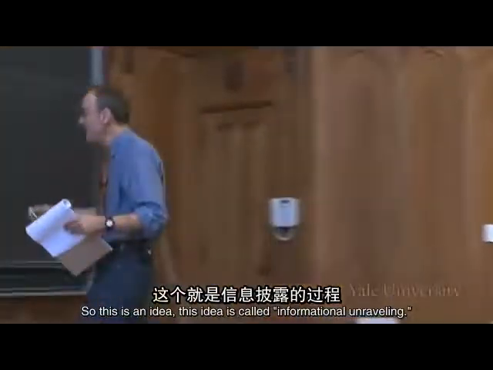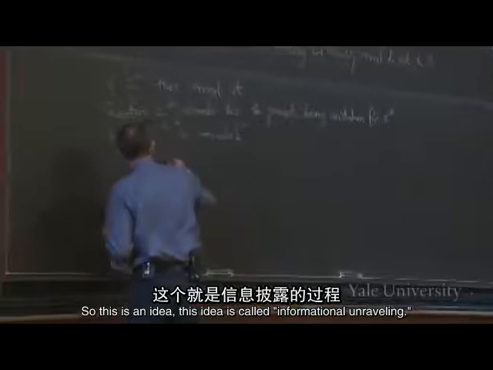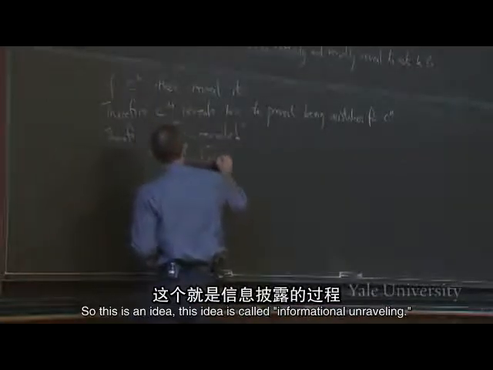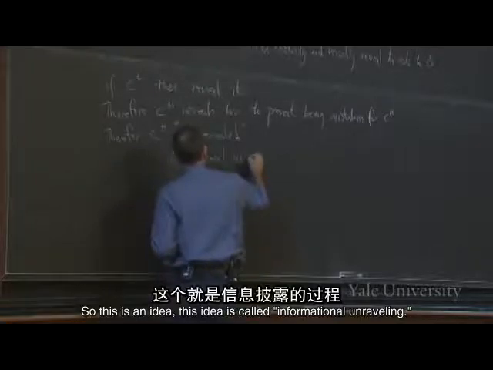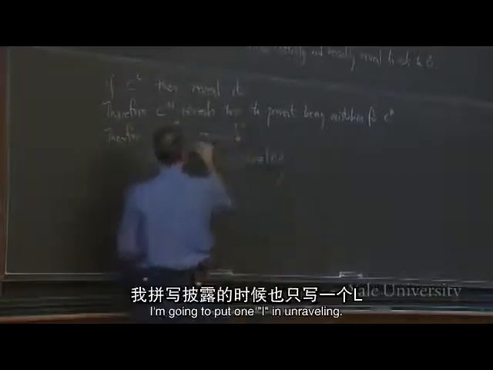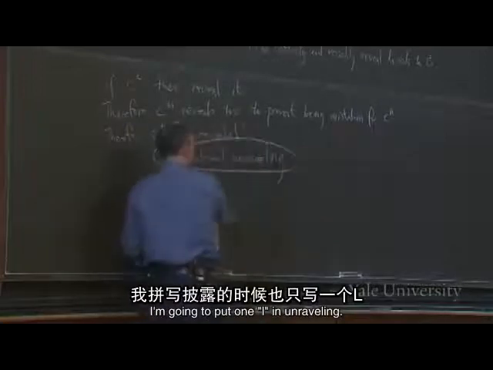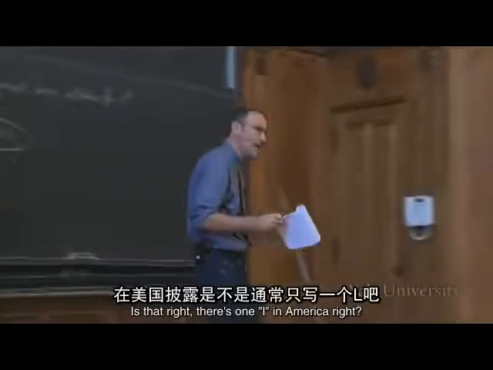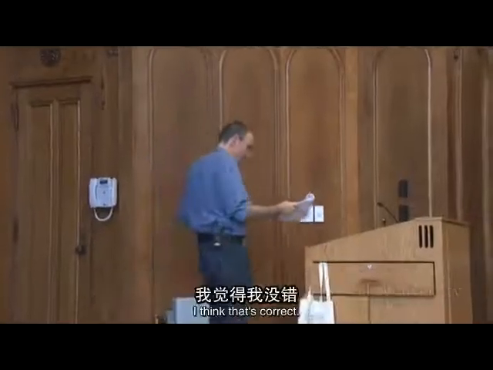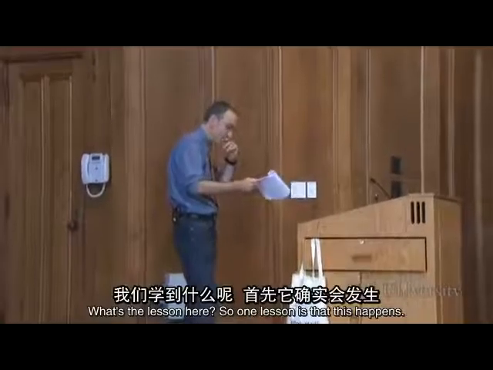Right? So this is an idea. This idea is called informational unraveling. And again, in keeping for my American audience, I'm going to put one L in unraveling. Is that right? There's one L in America, right? Someone should just check that on Google or something. I think that's correct. All right?